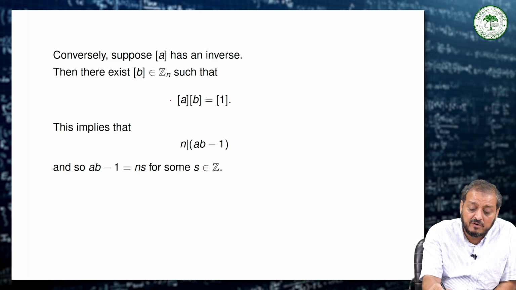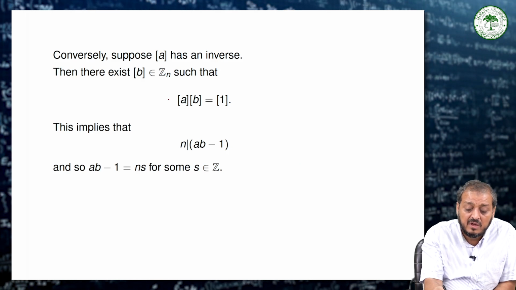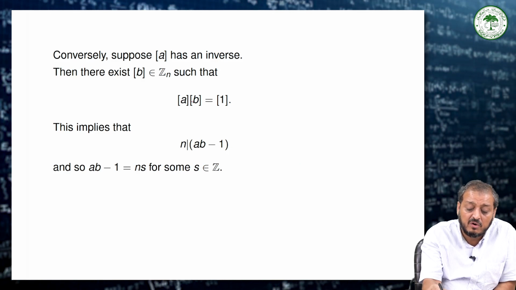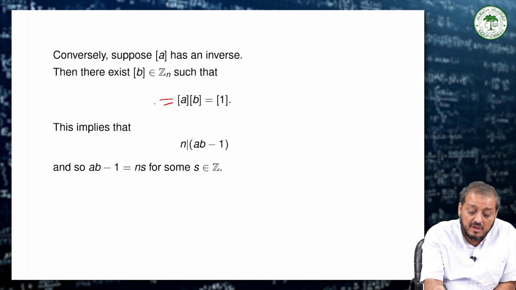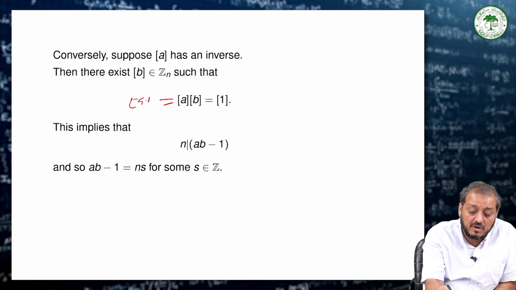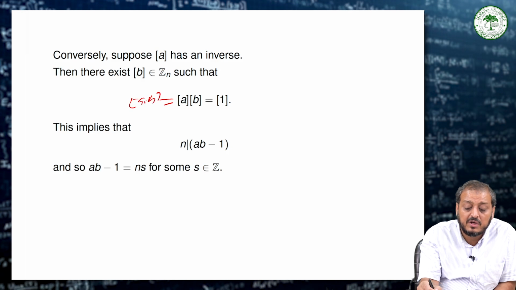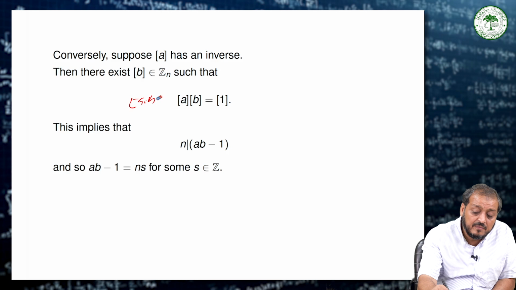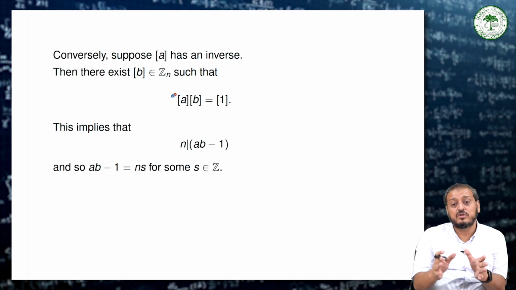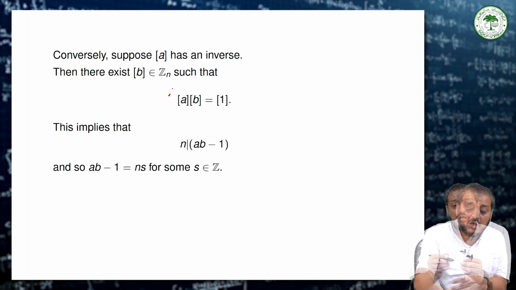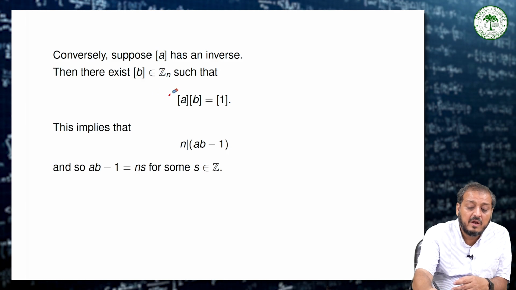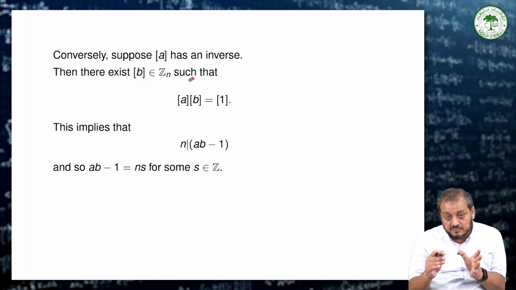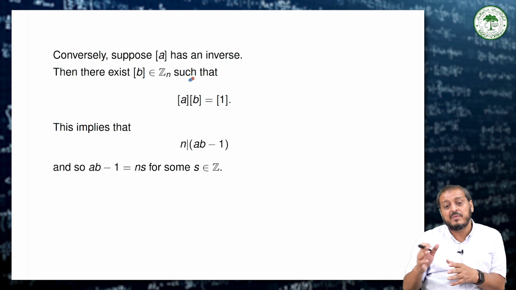This can be written in the form of the equivalence class of a·b under multiplication. So we simply say that n should divide ab minus 1.